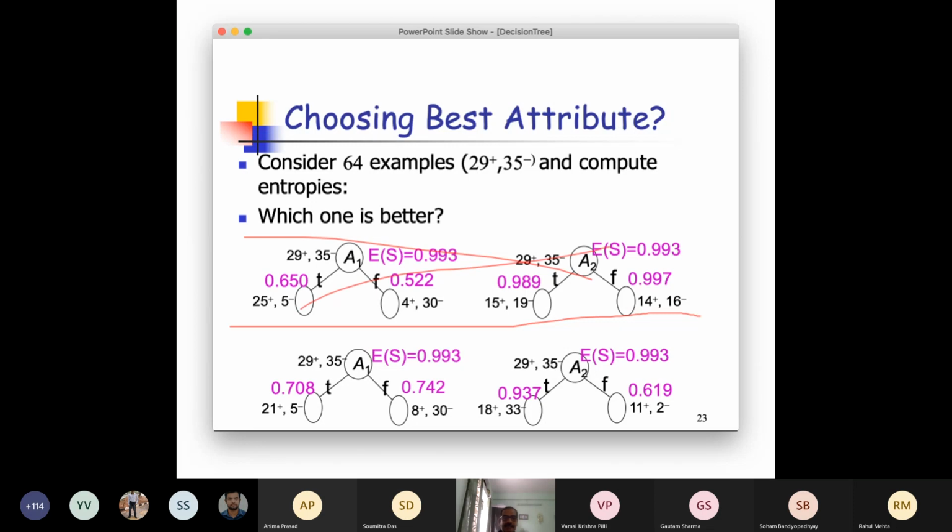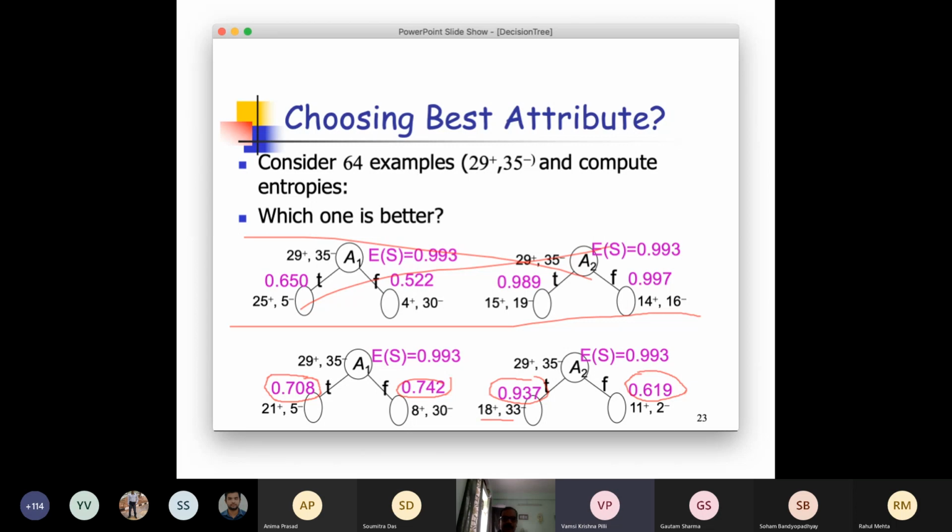There you can see, as you are asking, the entropies are 0.708, 0.742, 0.937 and 0.619. Do you understand that? Now, if you take the weighted average, which one would be lower, with respect to the reduction? Which one would be lower, that would be fine.